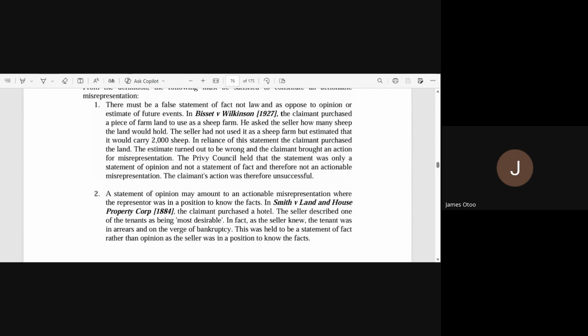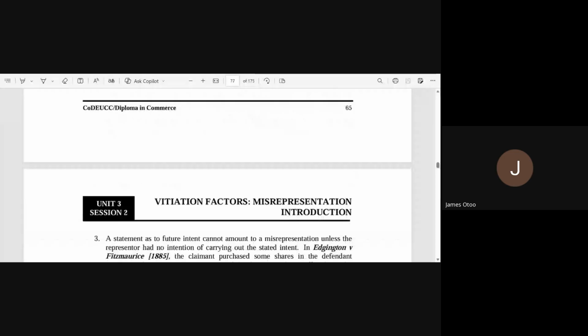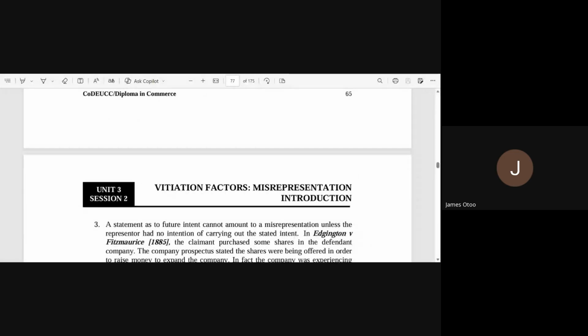If you look at the case of Smith v. Land and House Property Corporation, the seller of a hotel described the tenant as being most desirable. It turned out that the tenant was an average bankrupt. The statement that he was the most desirable was a misrepresentation, because you should have known that the tenant was not such a person.